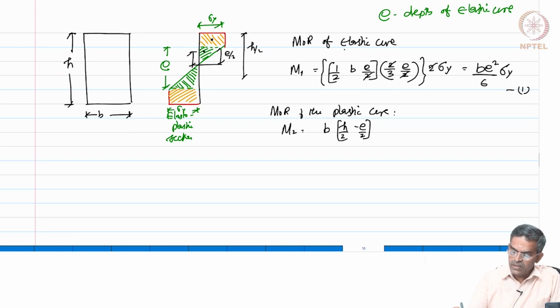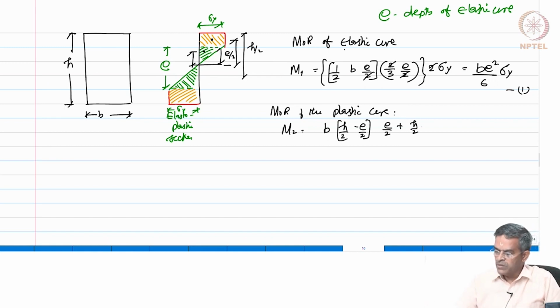And the CG of this from here will be equal to E by 2 plus half of h by 2 minus E by 2. Am I right?